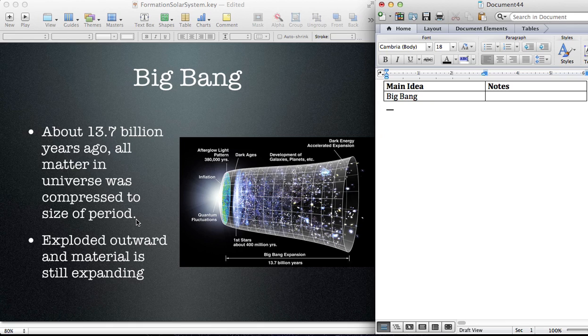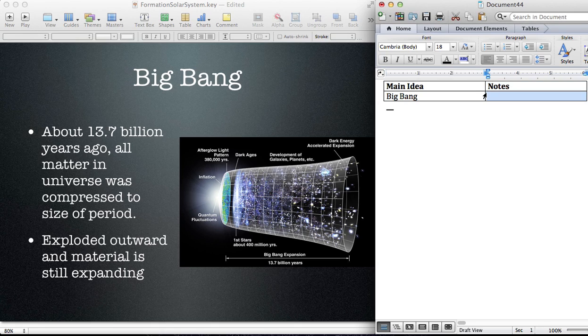All of the stars, all of the everything compressed to something so infinitely dense that it fit into the size of this period. And for whatever reason, we still don't really know why, that material exploded outwards, and we call that the Big Bang. All right, so this is about 13.7 billion years ago.